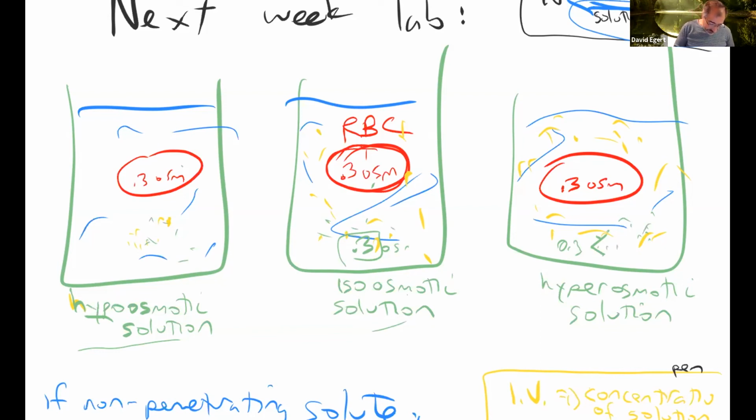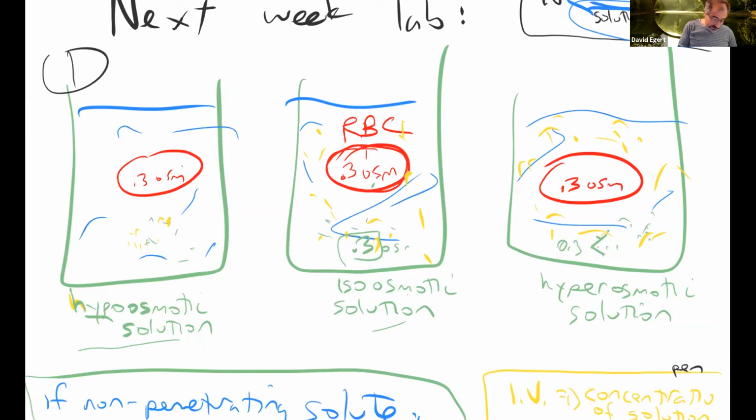What's going to happen? Again, assuming non-penetrating solute, what is going to happen in case number 1? If there's less stuff dissolved outside than in the cell? It will shrivel. The cell will swell. The water moves in towards the solute, right? The water moves to where there's more stuff.